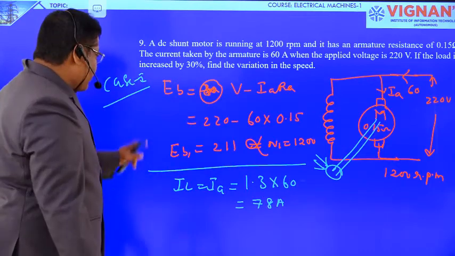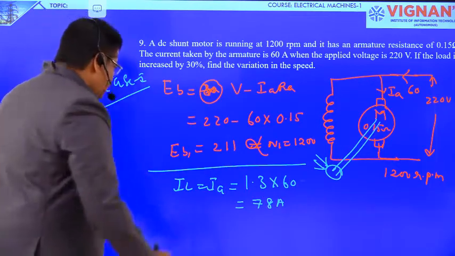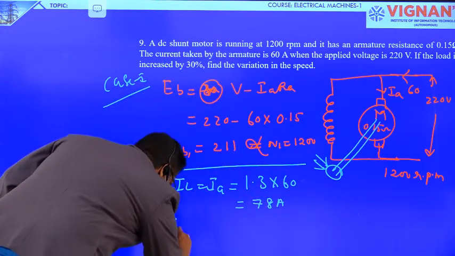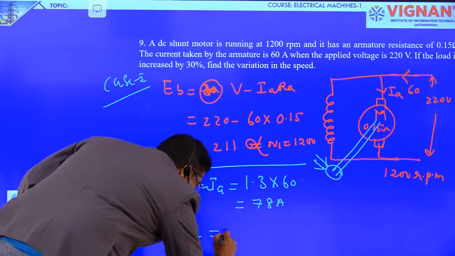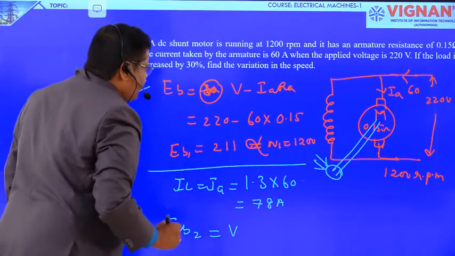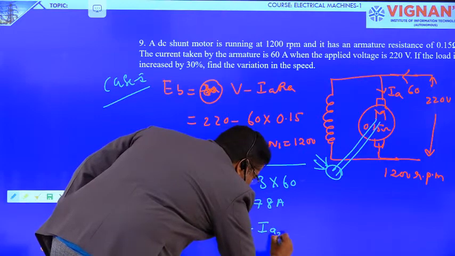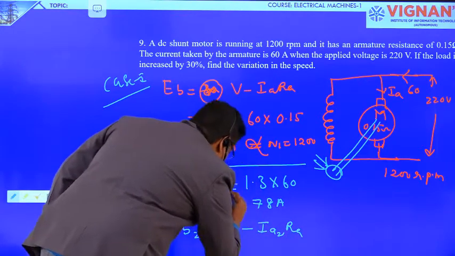Now, you have to find out the back EMF in the second case. Now, the back EMF in the motor in the second case, EB2 equal to V minus IA2 RA.